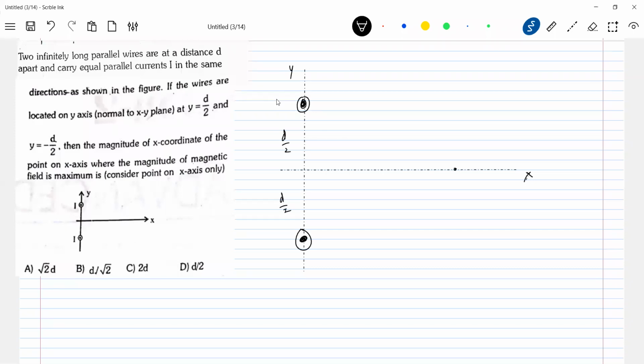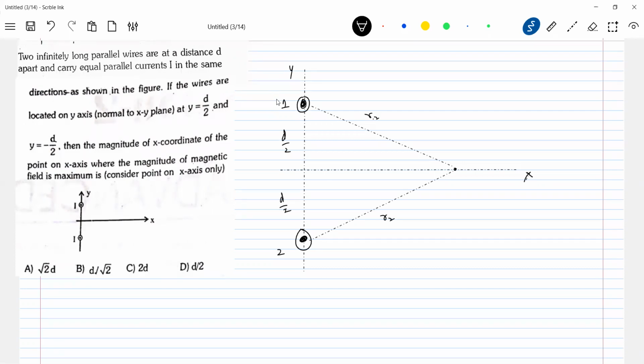How is the B bar due to this? Let me take this as the first wire, this the second wire. We'll take the position vector, and we know that B should be perpendicular to this one. So call this position vector R2, this R1. Of course, R1 equals R2.